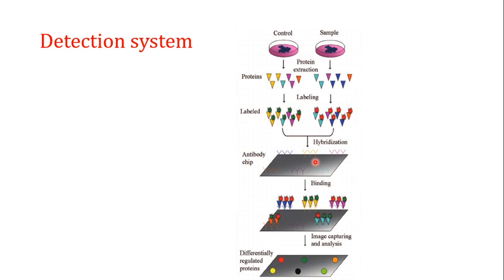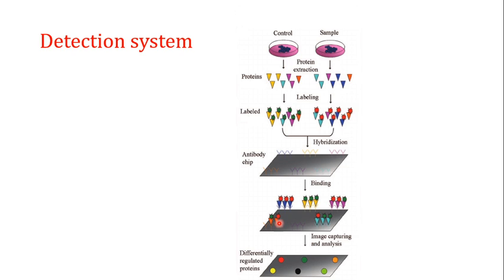When you add them, these proteins are going to bind to their specific antibodies. In this particular case, they are showing you that the antibodies have been immobilized on the solid support or on the protein chip. So once you add both of these samples, they are going to interact with the proteins that are present on this particular protein slide, and they are going to bind specifically.